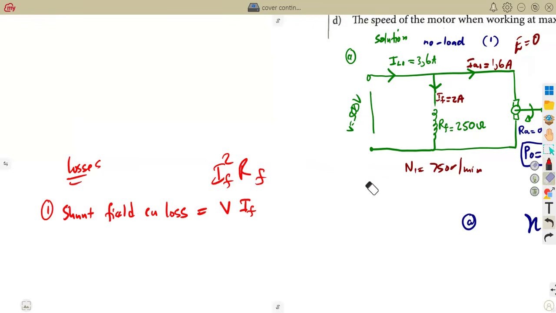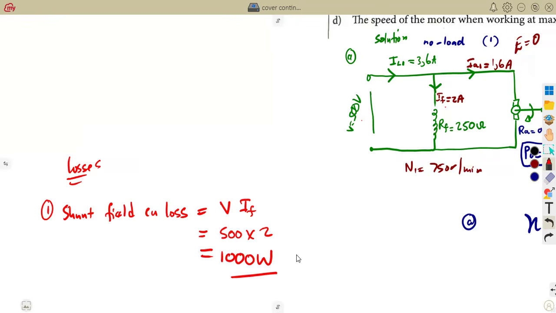Still, you're going to obtain the same answers because the current is there and the field resistance is also there. Or you can simply use terminal voltage times the current in the field, which is 500 times 2. So 500 times 2 is going to give us 1000 watts, which is the shunt field copper loss. Okay.